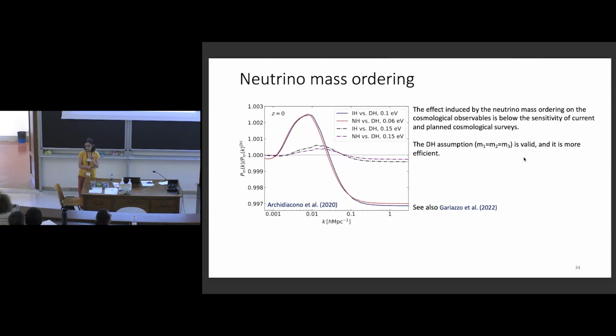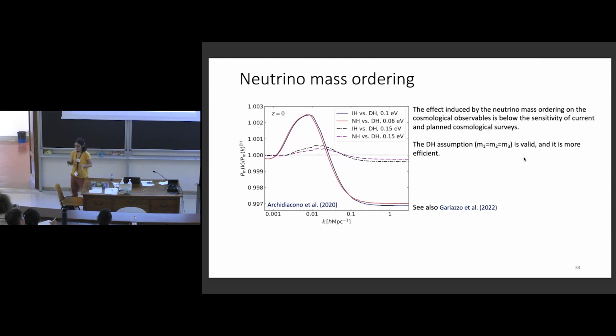But if we assume the degenerate hierarchy with respect to the true ones, so taking into account the delta m squared, then this is a few per mil. So basically, we can safely keep this approximation without biasing our results.